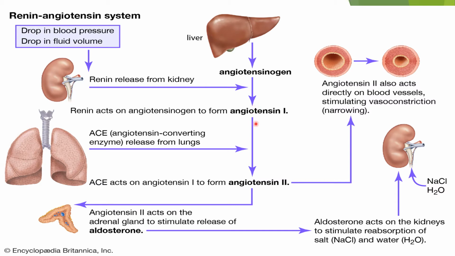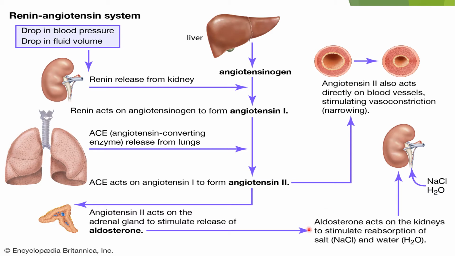This angiotensin 1 is converted into angiotensin 2 by angiotensin converting enzyme released from the lung. This angiotensin 2 produces two effects, as I have already discussed. It causes vasoconstriction, which tries to increase the blood pressure.